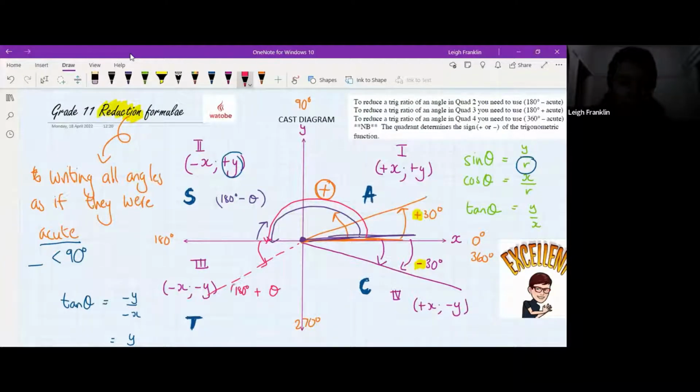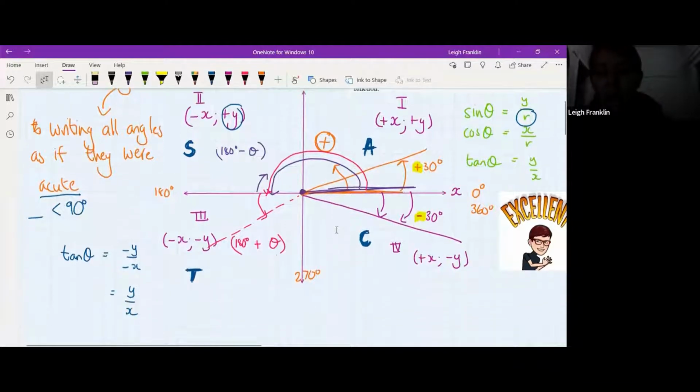So 180 degrees plus theta is the reduction formula for quadrant number 3. And for quadrant number 4, the terminal arm swings 360 degrees, a complete circle, and then turns around and goes back in the other direction. So this is 360 minus theta.